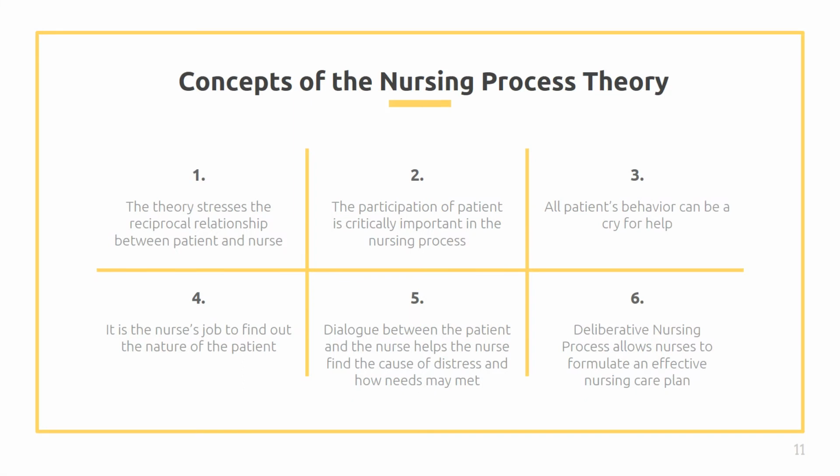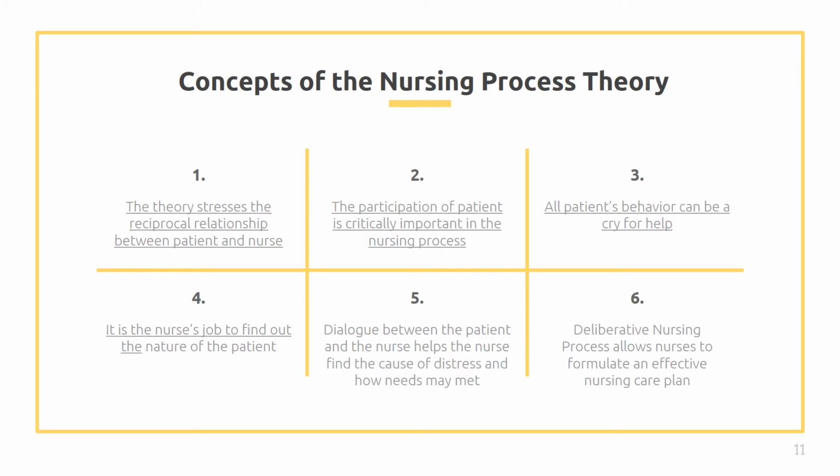Now let us discuss the concepts of the nursing process theory. First, the theory stresses the reciprocal relationship between patient and nurse. Second, the participation of patient is critically important in the nursing process. Third, all patients' behavior can be a cry for help.